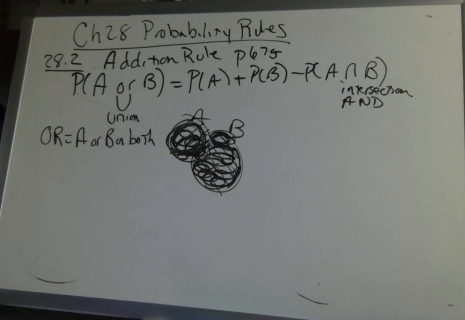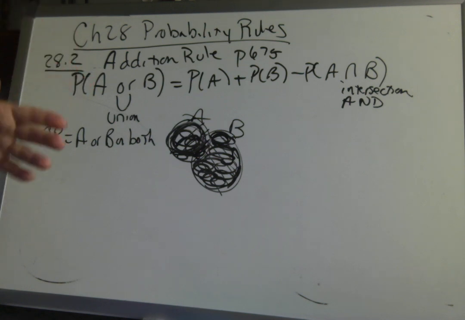Okay, so that's what it means in probability. We actually have already done the addition rule. I didn't necessarily tell you we were doing a fancy probability rule. When we did the rolling 2 dice, the sum of 2 dice, on that first handout at the very beginning of the probability unit, I think we said, there was some example, what's the probability you rolled a sum of 7 or 8?